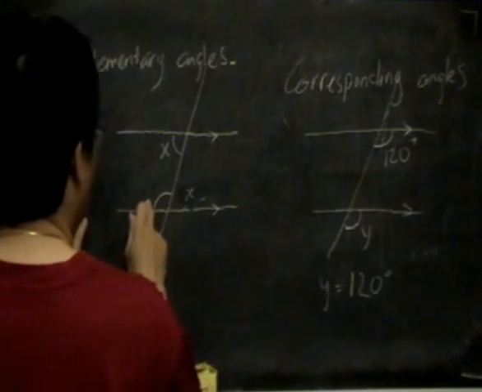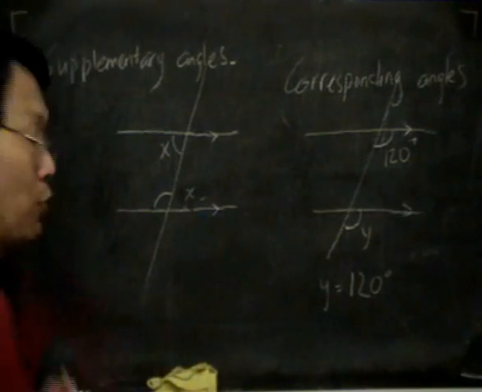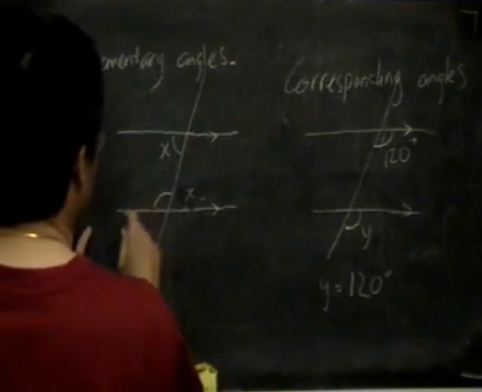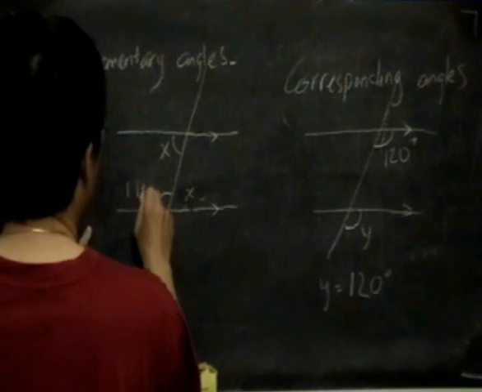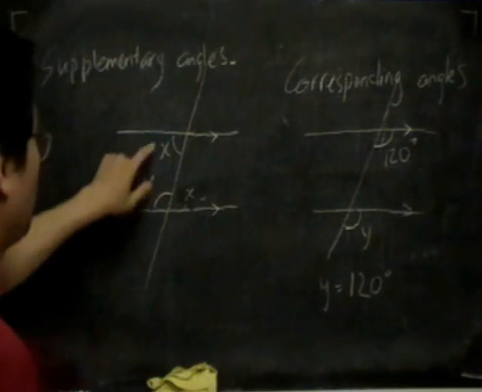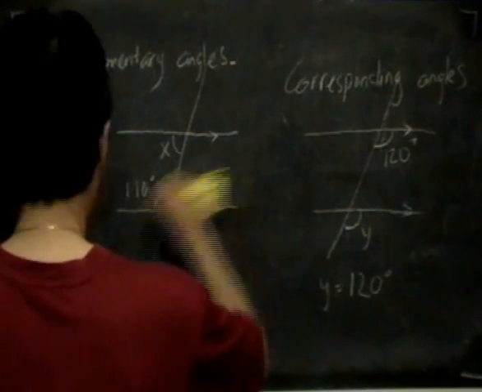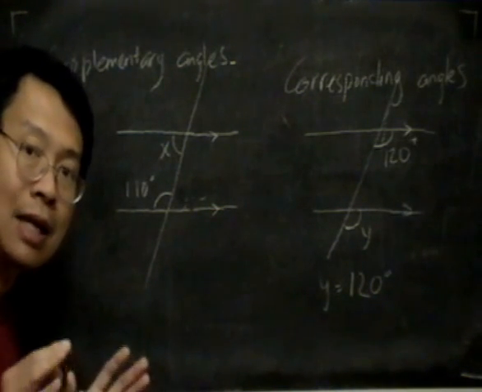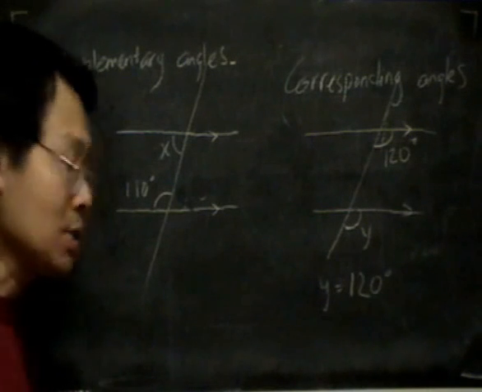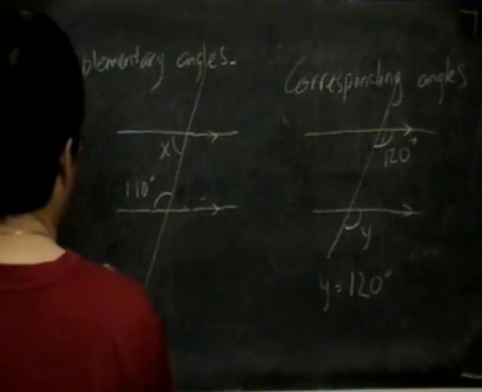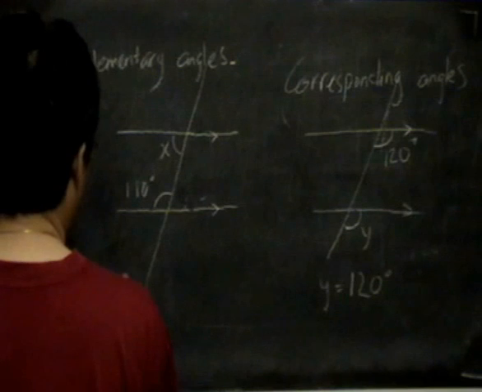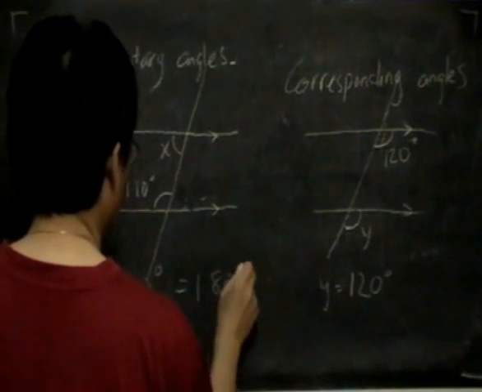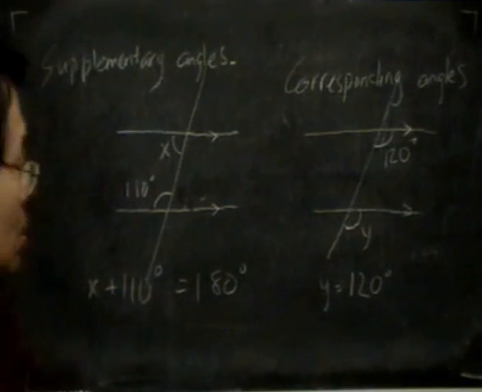So let me say, supposing, for example, if you have a question like this in the exam, where this is 110 degrees, and the question is to find x. Let me clean that up. So that they are supplementary angles means x plus 110 degrees is 180 degrees.